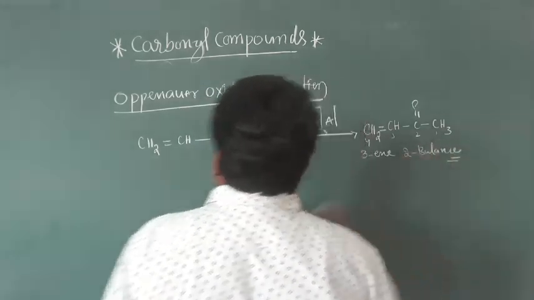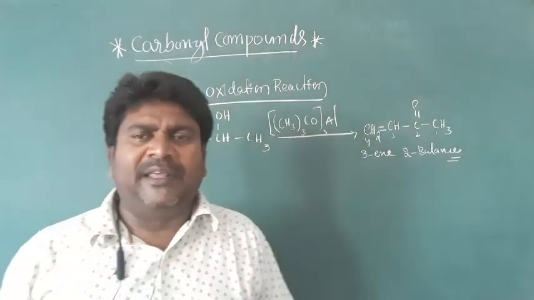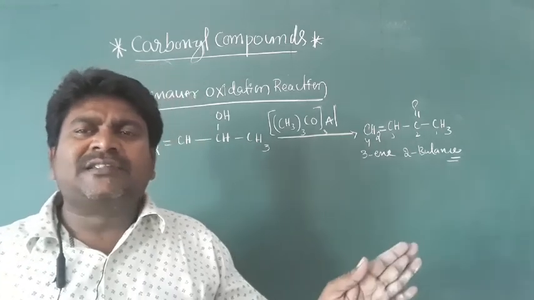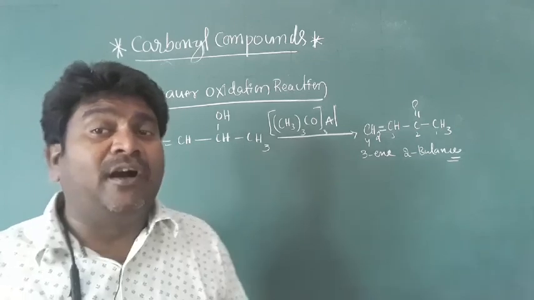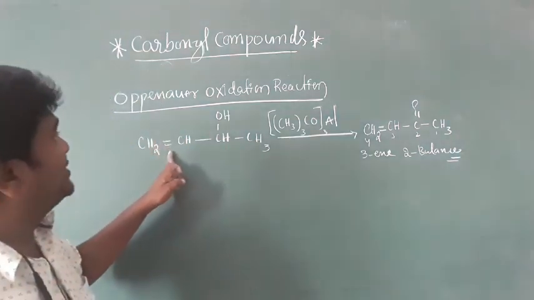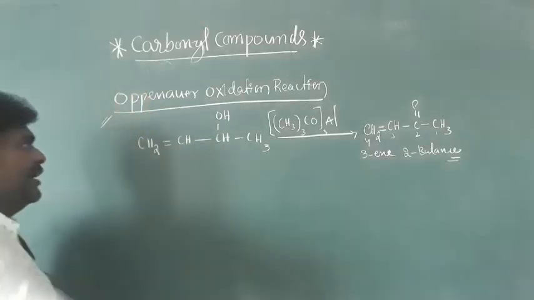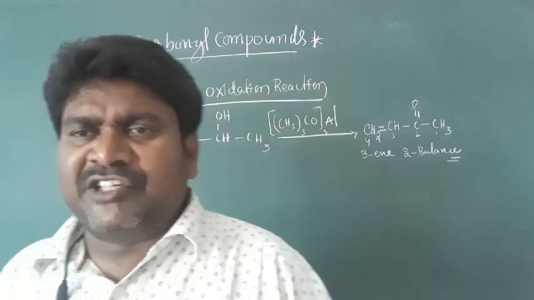This is the Oppenauer oxidation reaction. It is very simple, listen carefully. In Oppenauer oxidation, secondary alcohols are directly converted into ketones without affecting the double bond. All named reactions are very important reactions. That's all.